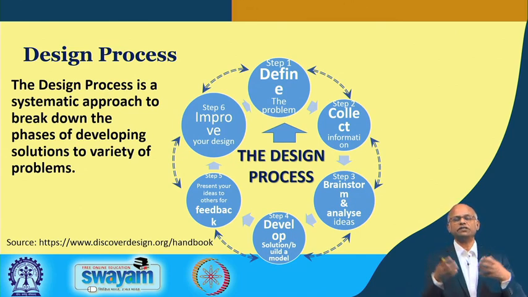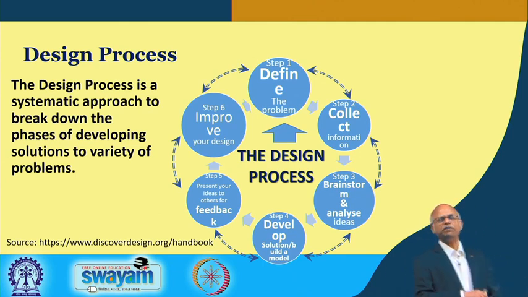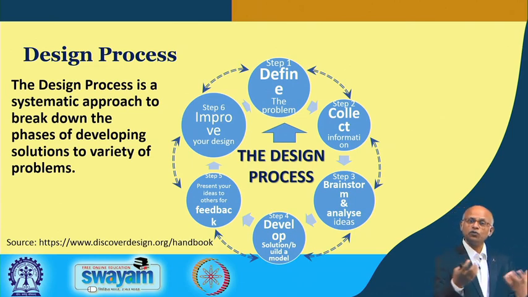Then you have to collect information both about the problem and about the solution space, meaning how many solutions, what kind of solutions are possible. Then you do brainstorming, you bring people not just from technology, but from all walks of life, and show this problem before them, or even the kind of solutions that you are thinking, and they will come up with ideas from their own domain, from different other domains.